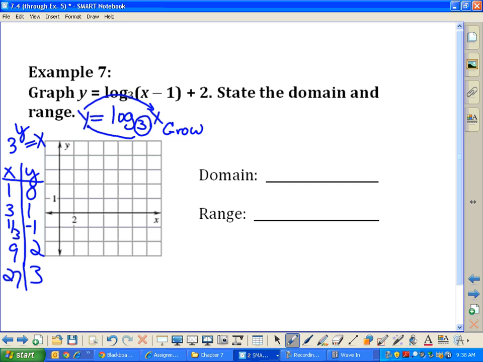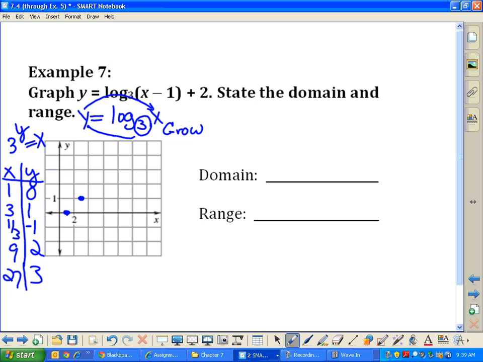You'll notice that I'm never going to get any values that are negative in the column for x, and I'm never going to get 0 as a possible value for x. So now I've got to plot these. For instance, I've got to plot the point (1, 0). Watch, because they scaled this x-axis by 2s. So over 1, 0 is actually right there. And then over 3, up 1, looks like that.